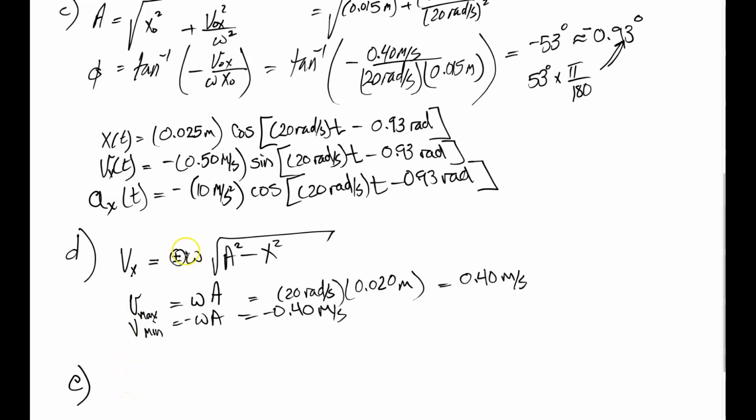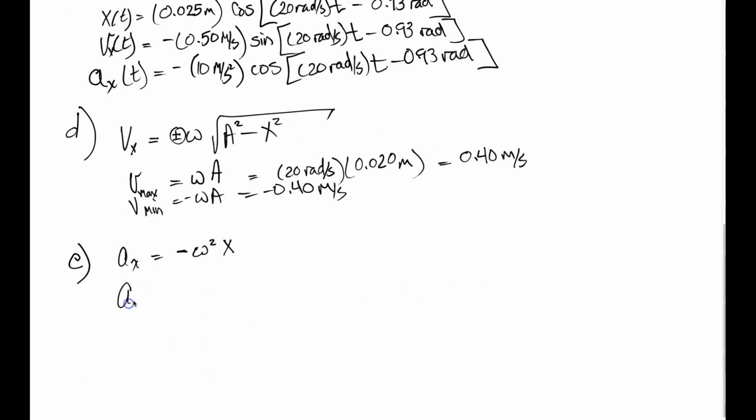Acceleration, again, if we think of this, a sub x is going to be minus omega squared x, and now we can say that a max is going to be, at the amplitude, minus omega squared a, and the minimum would be opposite, right?